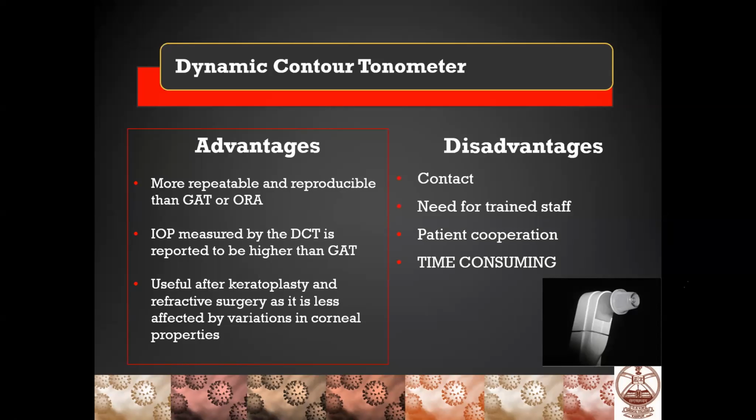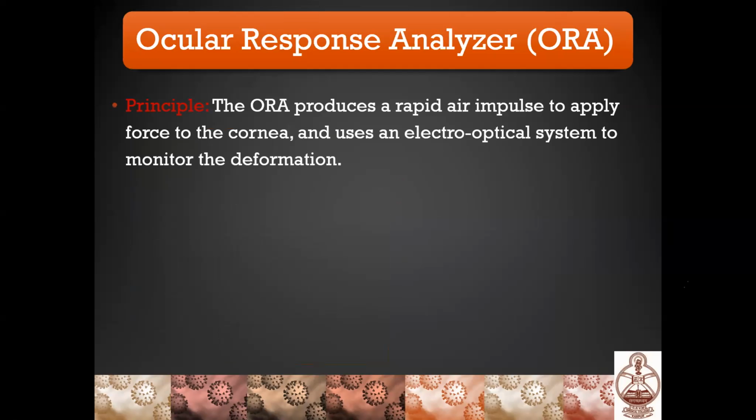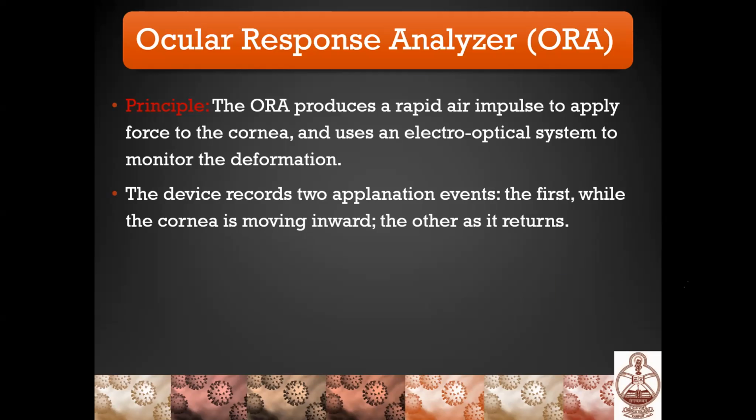Now coming to another very important tonometer which has come nowadays, the ocular response analyzer. Here a rapid air impulse applies force to the cornea, and an electro-optical system monitors the deformation of the cornea. I will show you a video of how this is done.